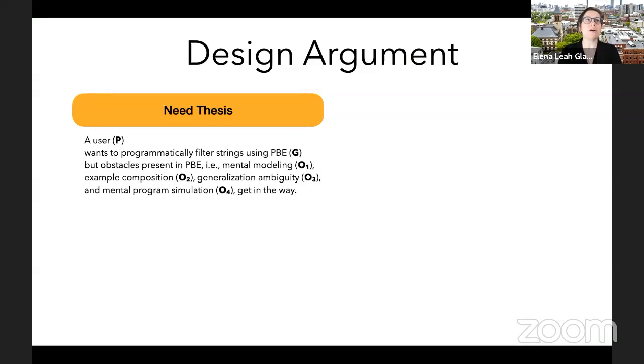So going back to our design argument, we've got a user, and we don't put any specifications on them. Their goal here is to programmatically filter strings using PBE, but it could be a more general goal: just use a PBE system. The obstacles are mental modeling, example composition, generalization ambiguity, and mental program simulation.